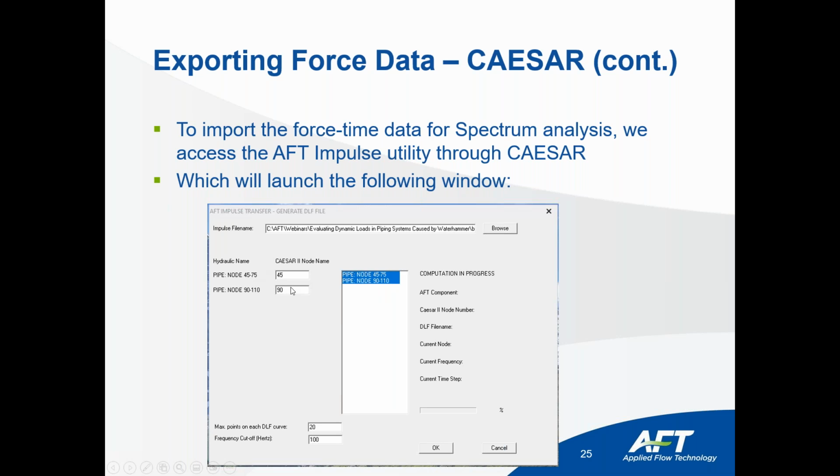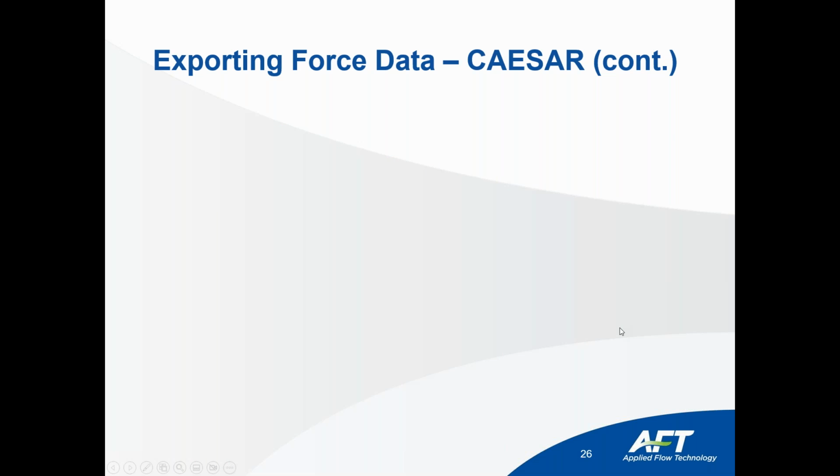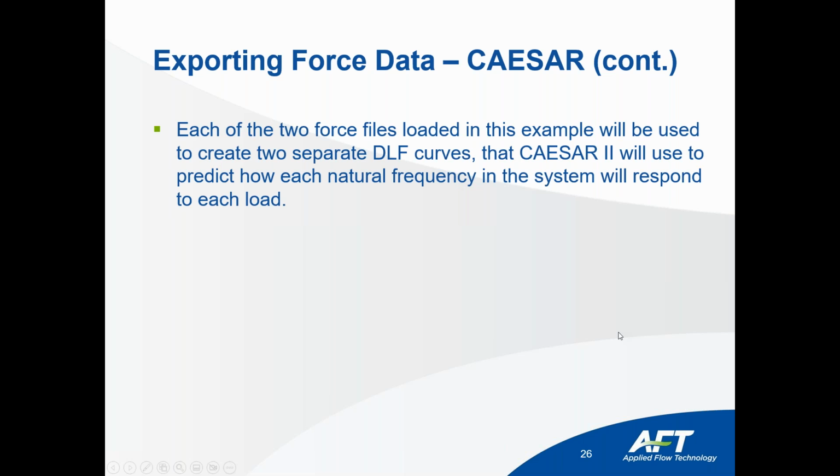We tell it what nodes we're going to apply it to. And once you do that, each of the force files loaded in this example will be used by Caesar2 to create a DLF curve, a dynamic load factor curve, that Caesar will use to predict how each natural frequency in the system will respond to each load.